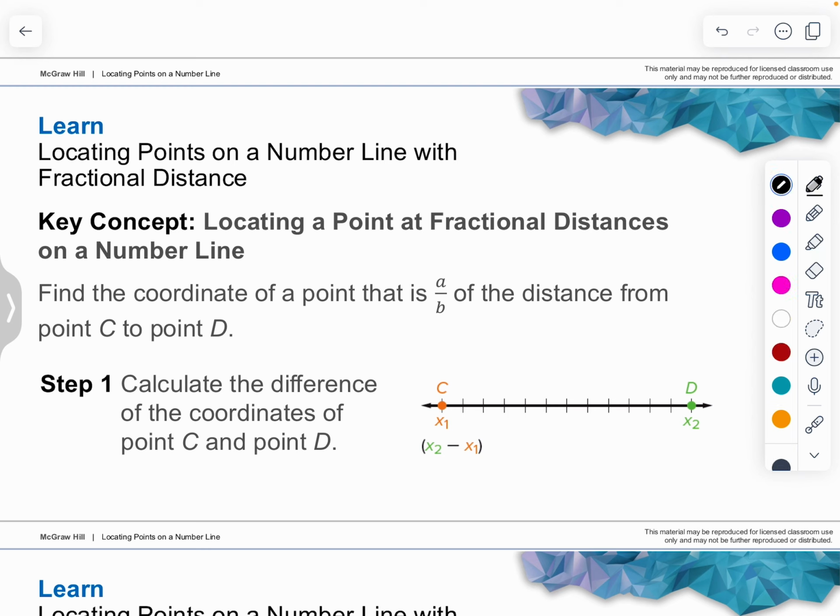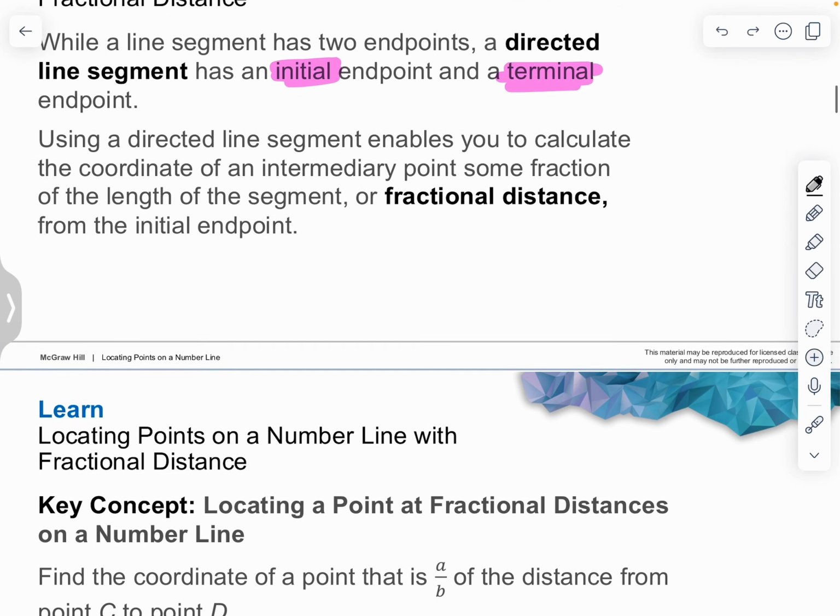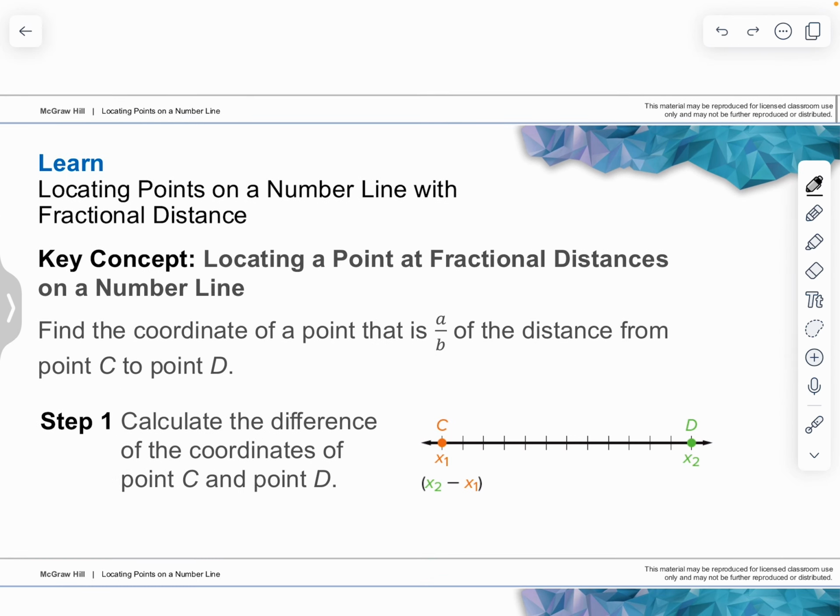So let's look at the way that they wrote this. Find the coordinate of the point that is a/b of the distance from point C to point D. Remember we said initial and terminal? From and to.